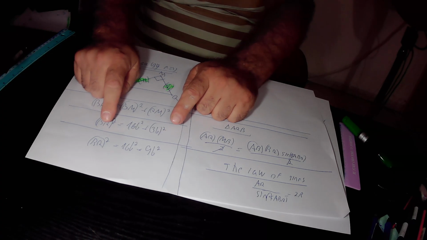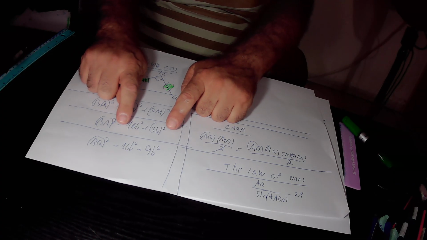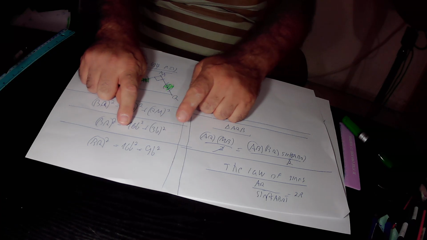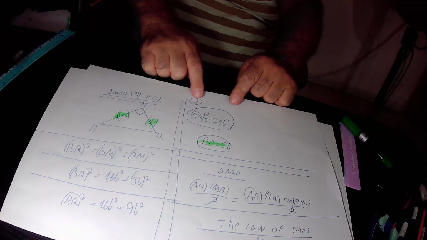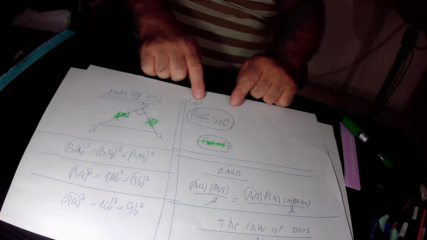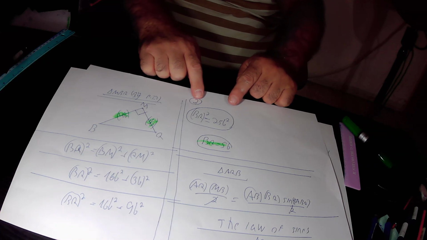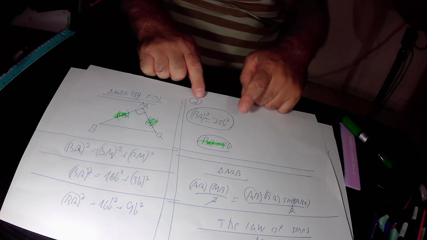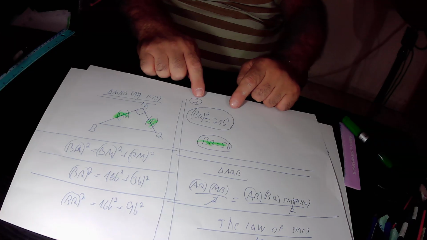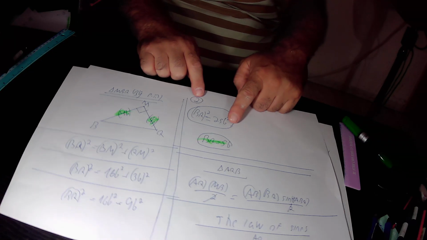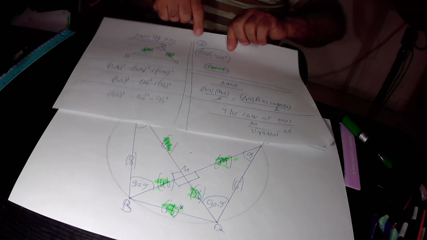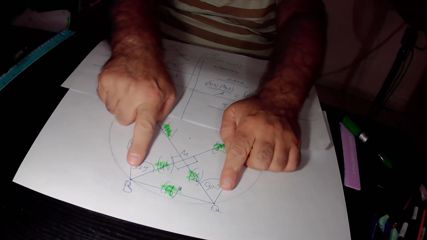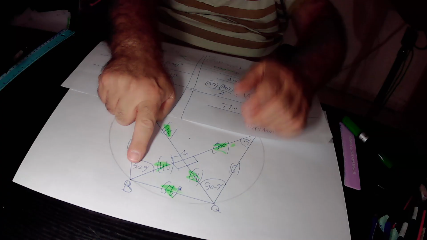So BQ squared equals 16B squared plus 9B squared, which is 25B squared. Taking the square root of both sides, BQ equals the square root of 25, that is 5, times the square root of B squared, that is B. So in total, BQ equals 5B units in length. This is side BQ, equal to 5B units in length.